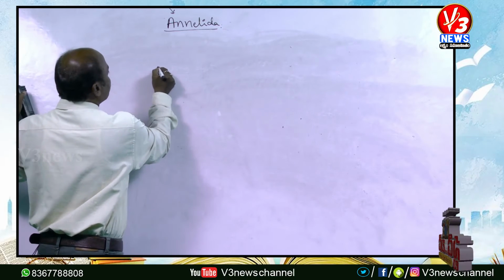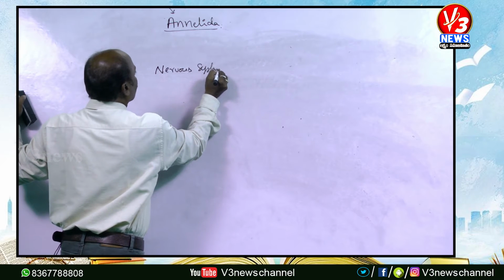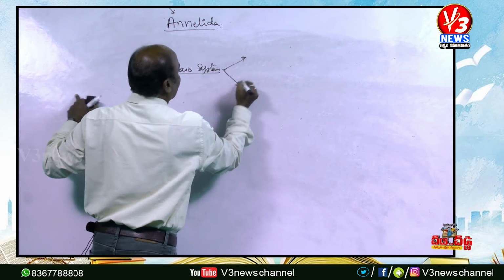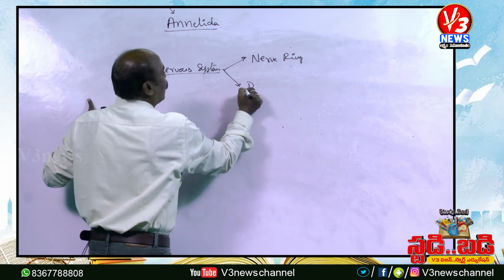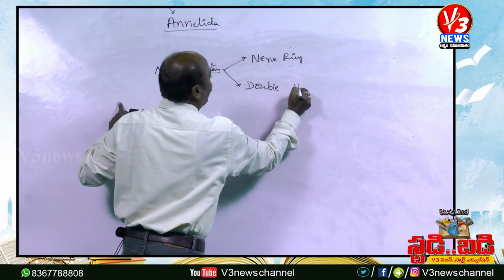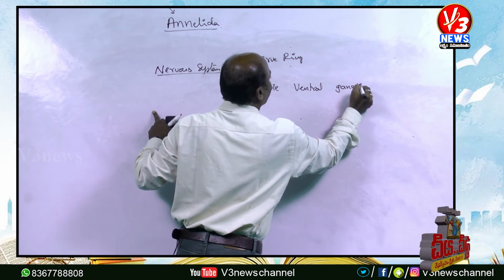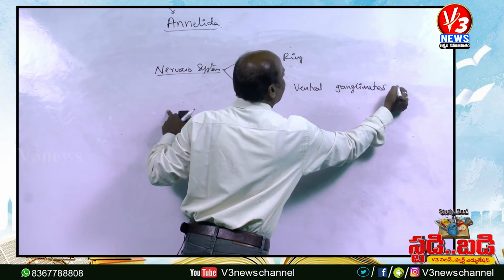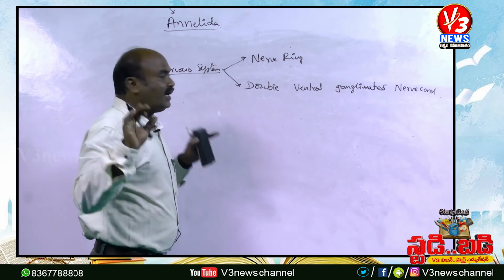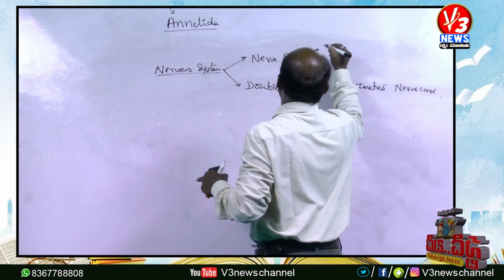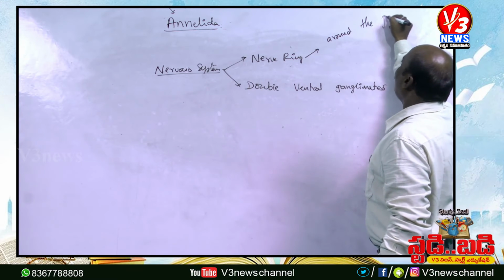The nervous system possesses a nerve ring and a double ventral ganglionated nerve cord. In annelids, the nerve ring is formed around the pharynx.